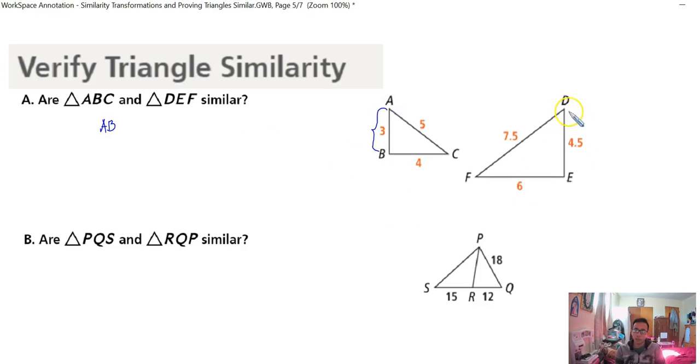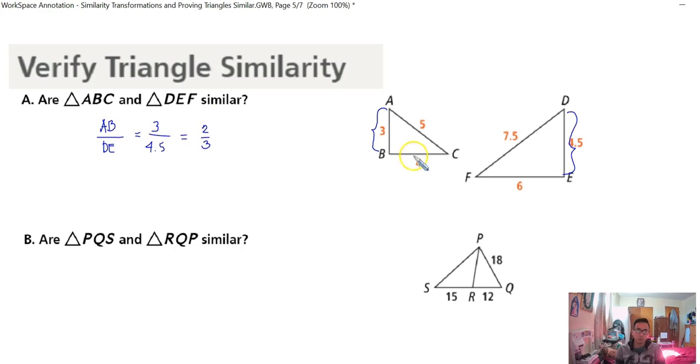It's DE. Okay, they are corresponding. So I'll put there AB, because we are talking about ratio, so we have to make it a fraction. DE. Then after that, what's the measurement? It's 3. What's the measurement of DE? It's 4.5. Which, 3 divided by 4.5, is 2/3.